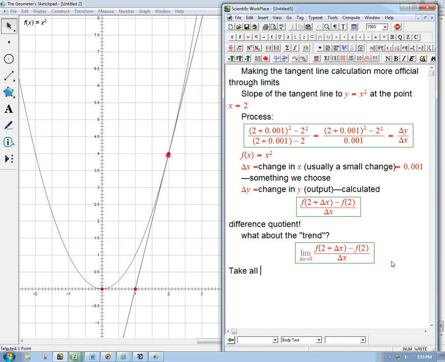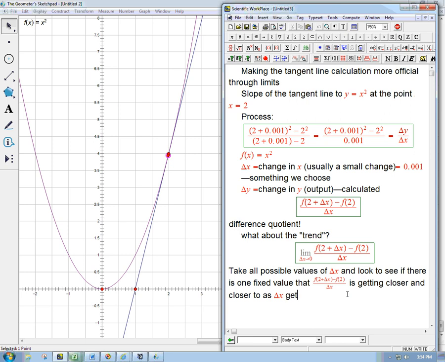Take all possible values of delta x in principle and look to see if there is one fixed value that this expression is getting closer and closer to, as delta x gets close to 0.